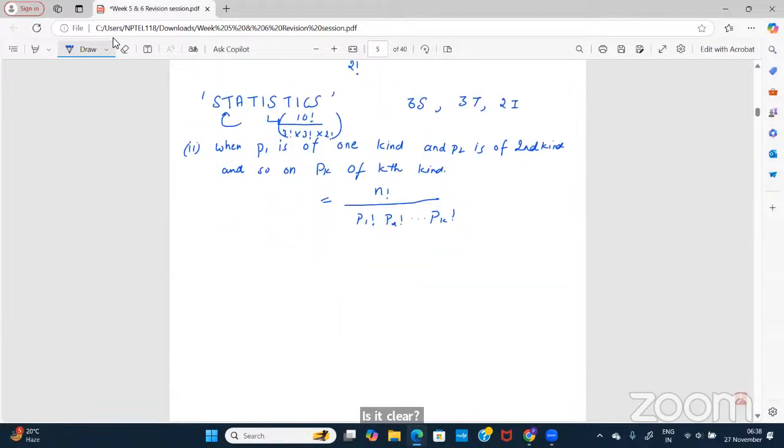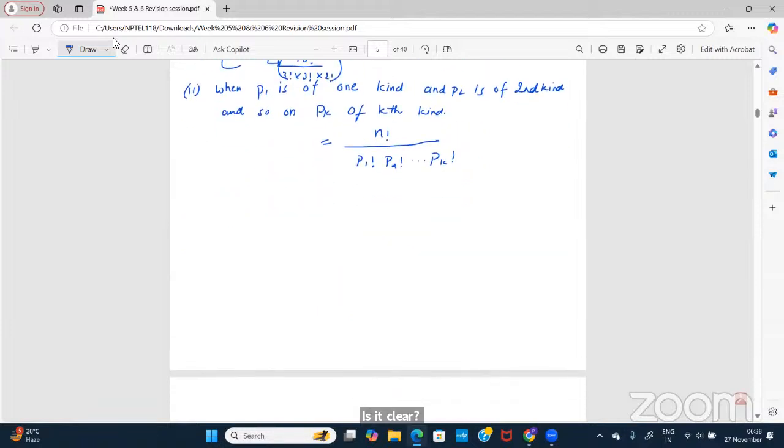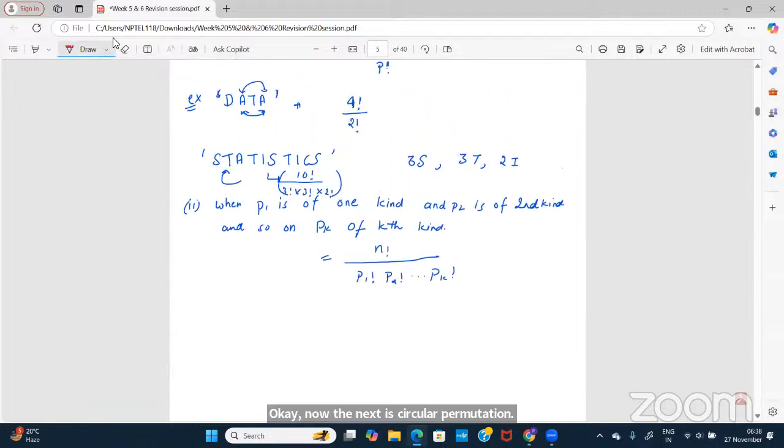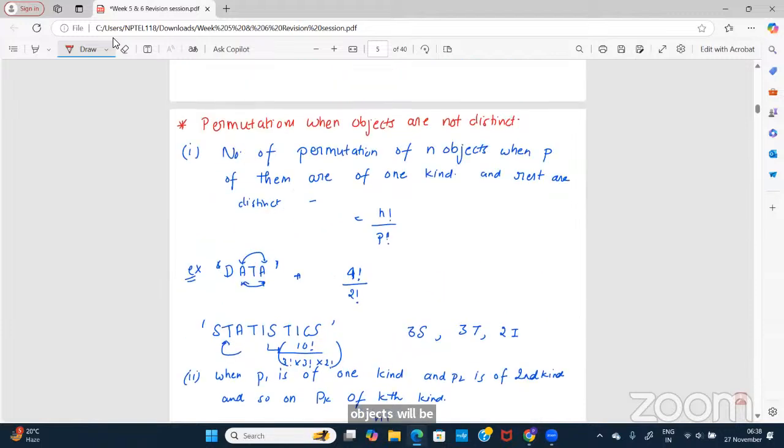Ma'am, if there is no repeated letter, then the denominator will be 1. Yeah, you don't have to divide by anything. If the letters are not repeating, then all the objects will be distinct, so we simply use the formulas which we have studied earlier.